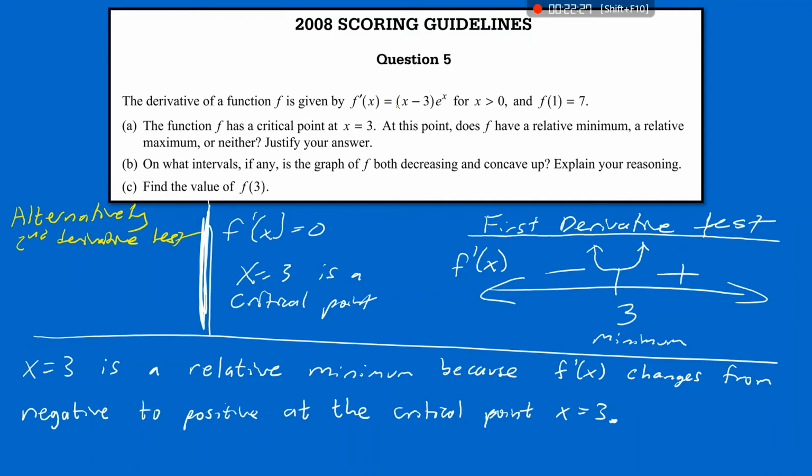So if I derive this with product rule, then f prime prime would be equal to e to the x. So if I derive x minus 3 e to the x with product rule, this would be f prime is 1 e to the x plus x minus 3 e to the x.